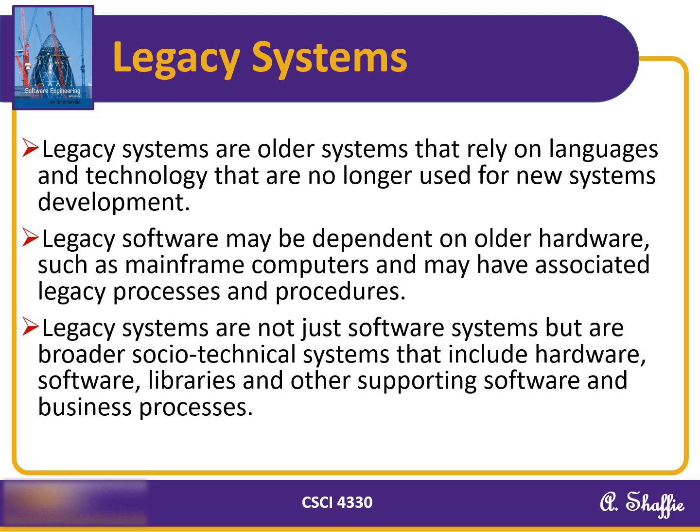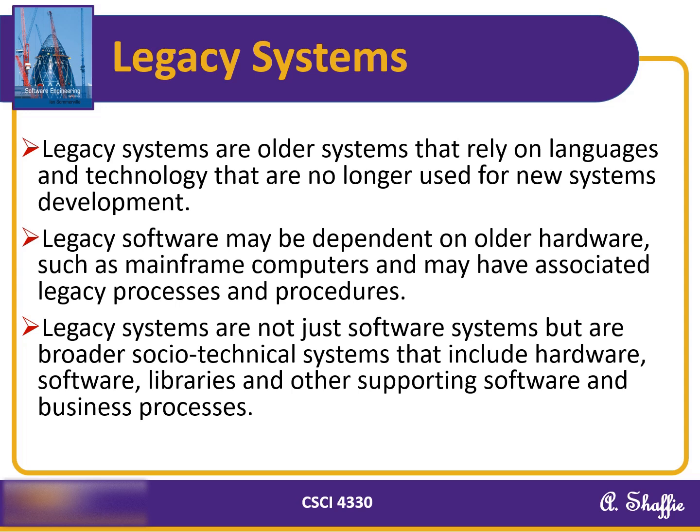It is also important to note that legacy systems are not just about the software. They are broader integrated systems that include the hardware required to run them, software libraries and other supporting tools, and even the business processes that were built around the system's original functionality. A classic example here is banking systems. Many banks still rely on legacy systems running on mainframes for core operations like transaction processing.